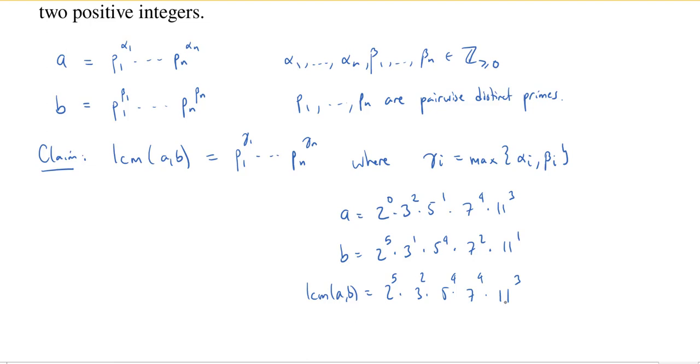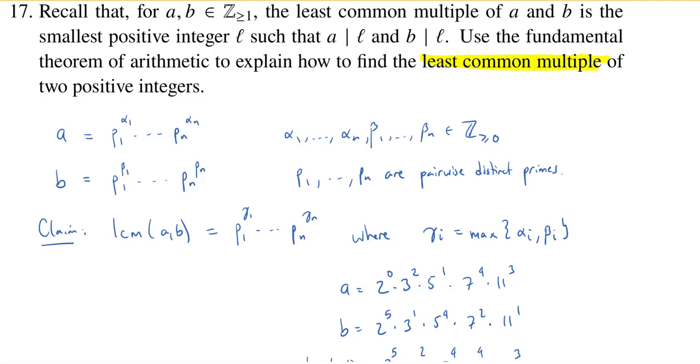So in order to show that this actually is the least common multiple, I need to show that first, A divides this number, second, B divides this number, and third, that it's the smallest number which is a multiple of both A and B. Okay, so proof.